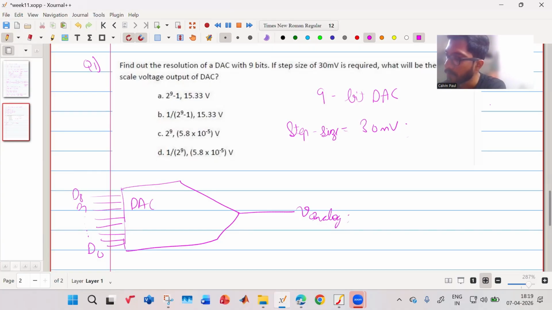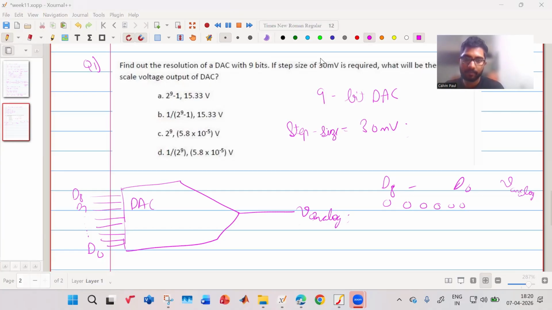So if you have D8 to D0, if all the bits are 0, what will be the V analog? Can you tell me? If all the bits are 0, what will be the V analog output of the DAC? It is 0. Correct. It will be 0.